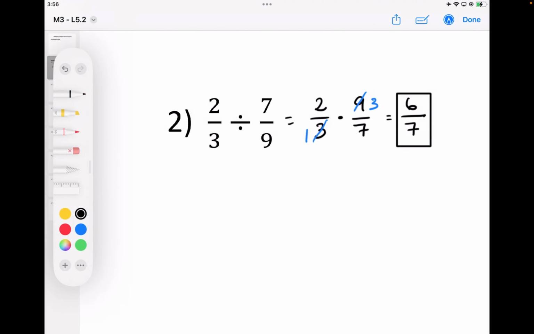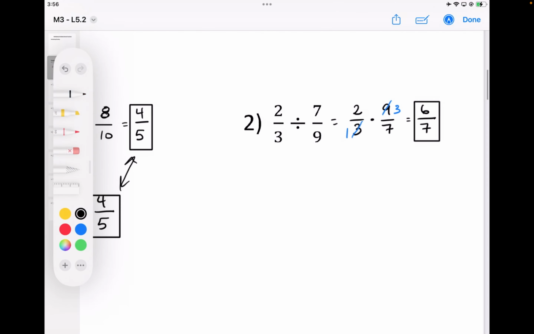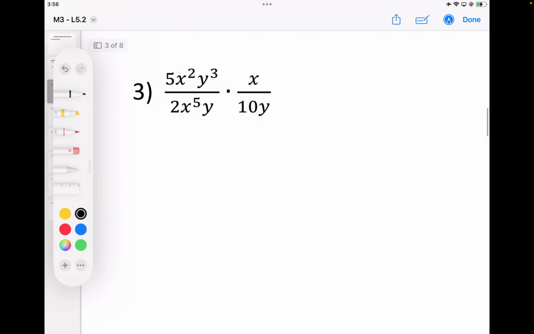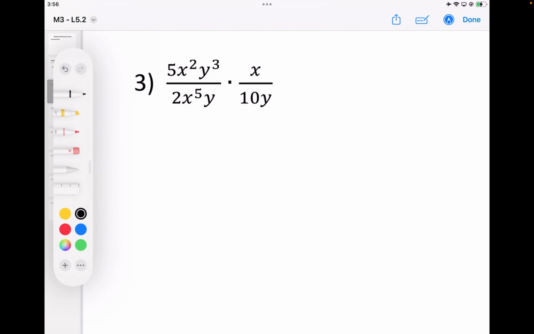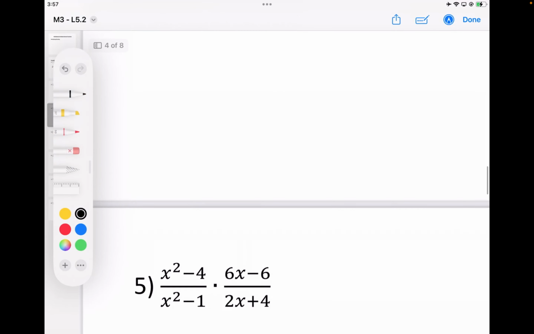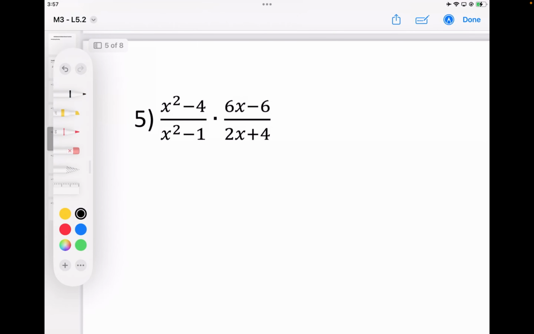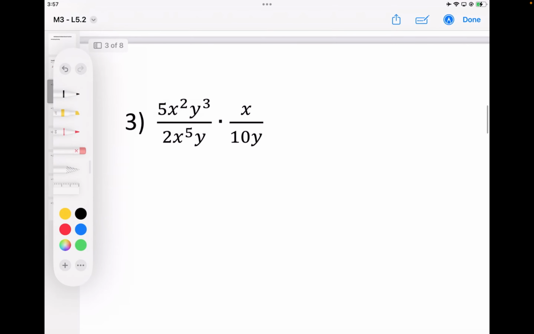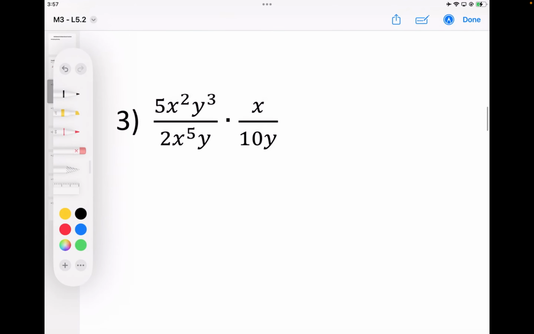Now, I'm going to start out with some problems that don't require as much simplifying. So this problem right here, you're going to notice has all multiplication, while there are other problems that have addition, subtraction, and so on. So the way you simplify is going to be slightly different on those types of problems, but I want to start out with ones that have no addition or subtraction.